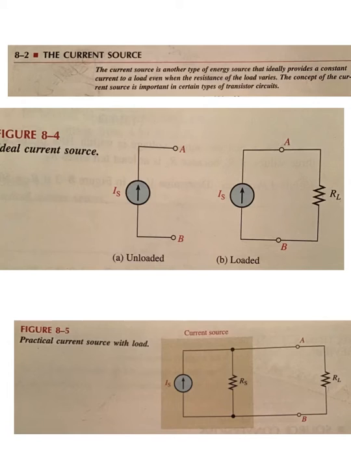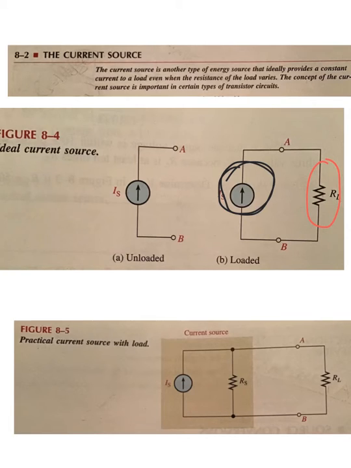So, as such, we show RL over here on the right. The load gets connected, and ideally, there's no other resistance out there. And the current source, which is this object circled in black, if I told you that it was 5 amps flowing, the load would get 5 amps.